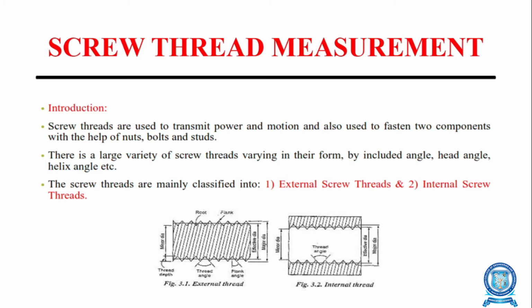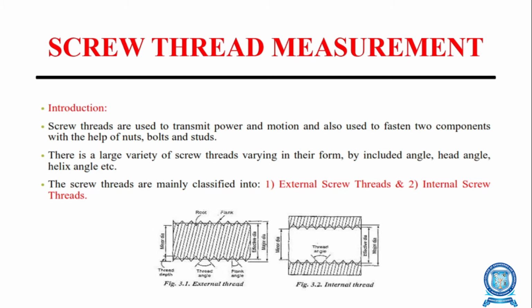Normally, the screw thread measurement, gear measurement, radius measurement, surface finish measurement, straightness measurement, flatness measurement, and roundness measurements are all form measurements. So here, what is meant by screw thread measurement?